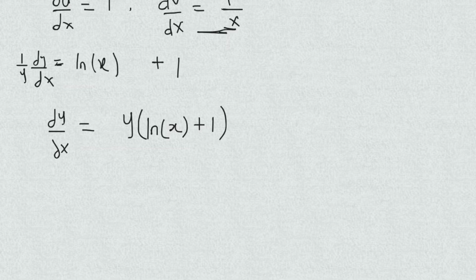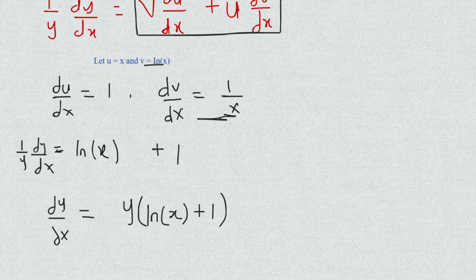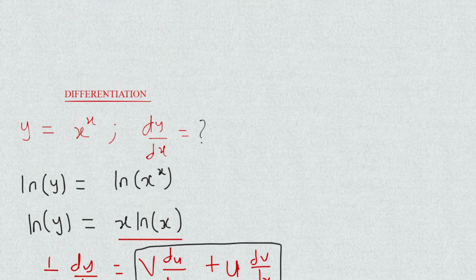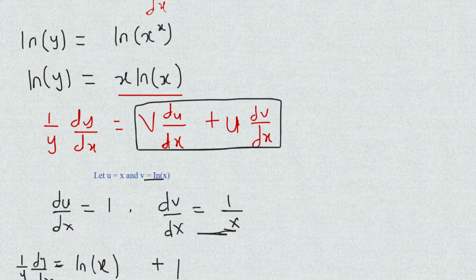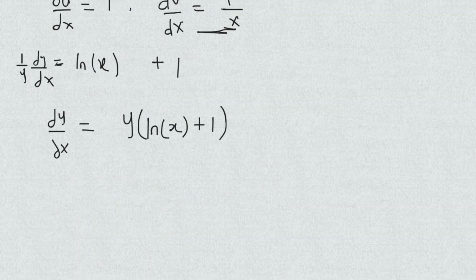But remember that from the given question, our y is equal to x to the power of x. So instead of writing y there, I'm going to replace it with x to the power of x.